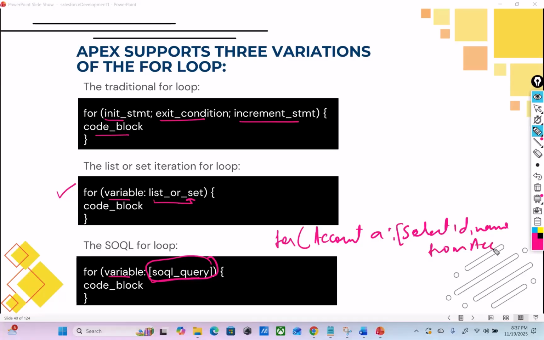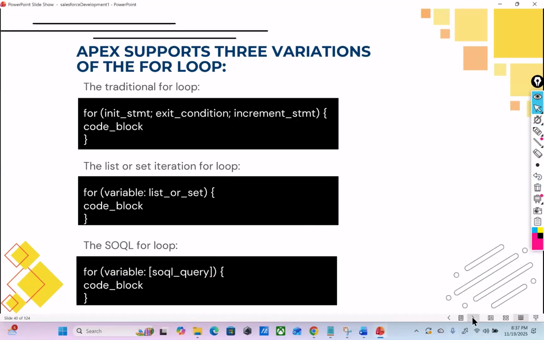Then it will iterate over each of those accounts one by one. And then you can say System.debug, display the value of a.Name. So it will print all the names of each of those accounts. So you can write a SQL query as well inside a for loop.